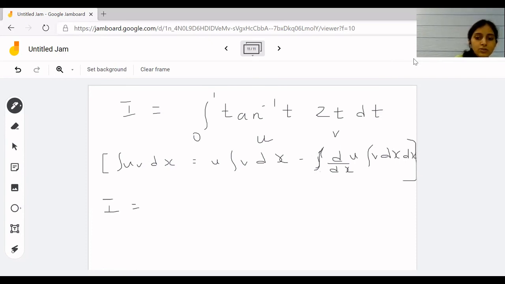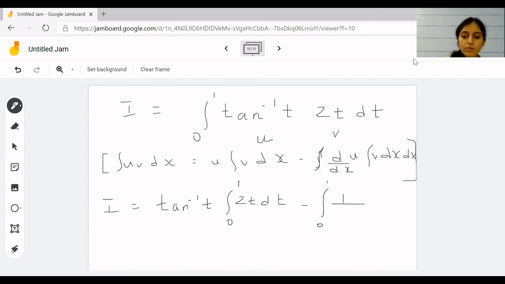So I will be equal to, taking u as tan inverse t, tan inverse t times integral of v, which is 2t dt, with integration limits 0 to 1, minus integration 0 to 1 of d by dx of tan inverse t, which is 1 upon 1 plus t square, times the integration of v, so integration of 2t dt.